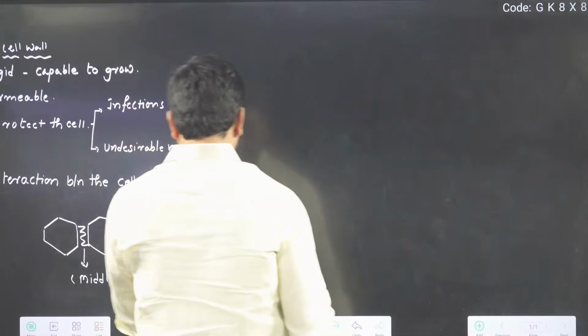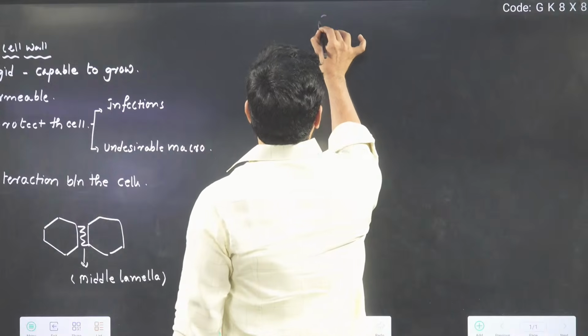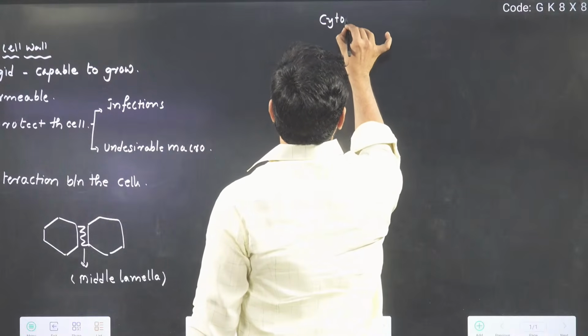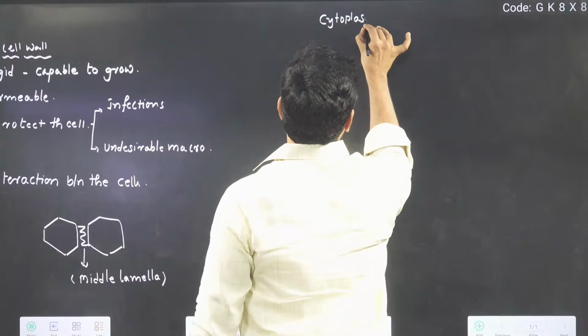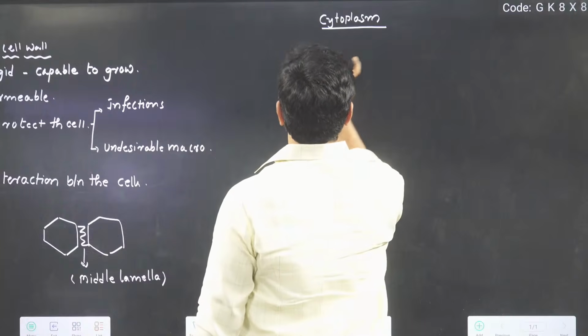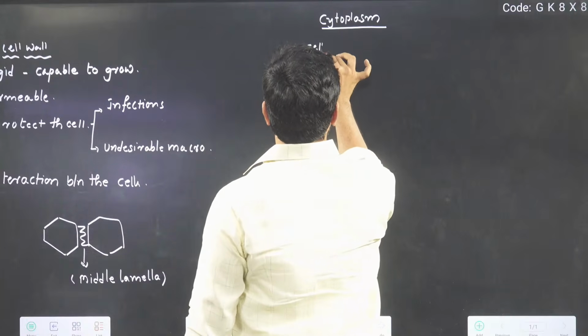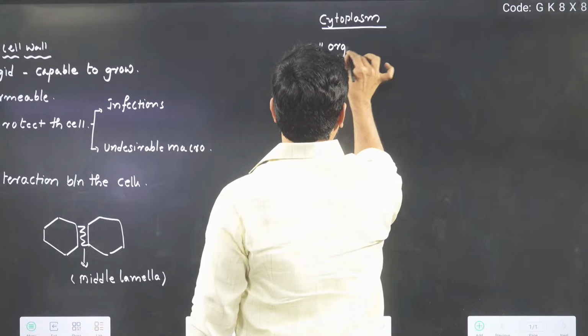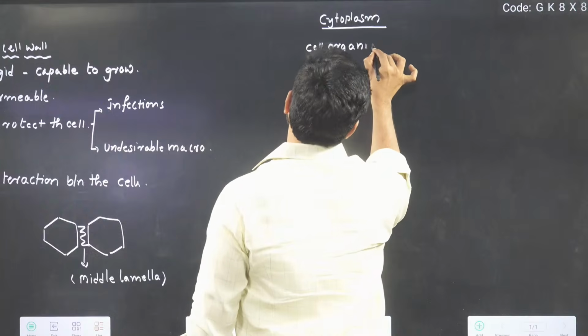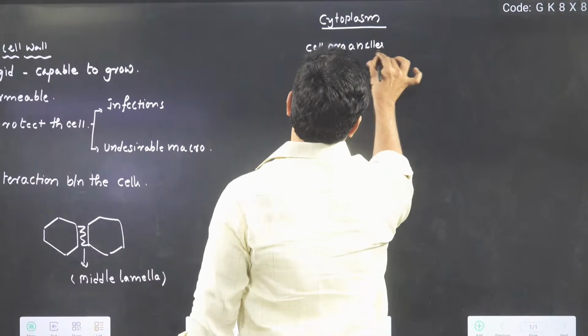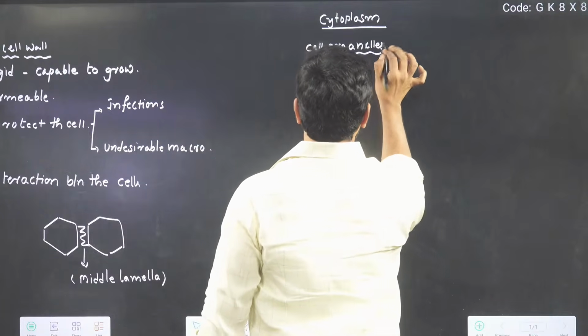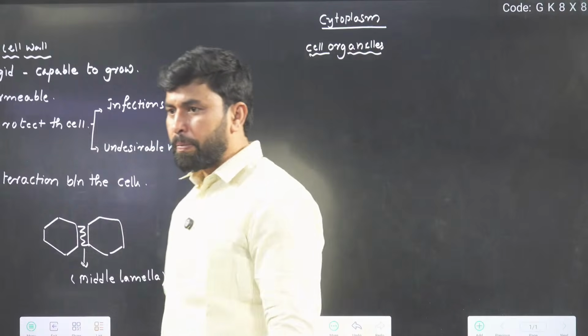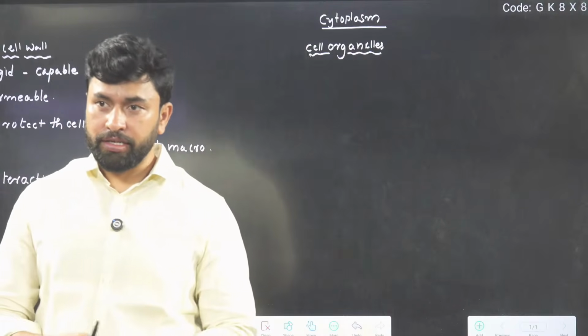There is an area called cytoplasm. You know the cytoplasm contains cytosol and cell organelles. I have given this in an earlier class, about the cytoplasmic division. Now I am coming directly to cell organelles.